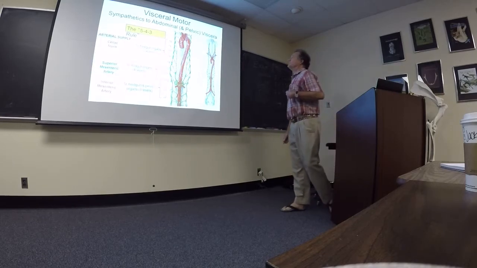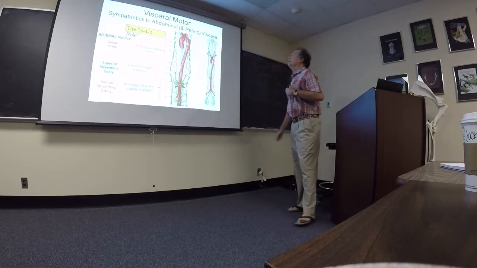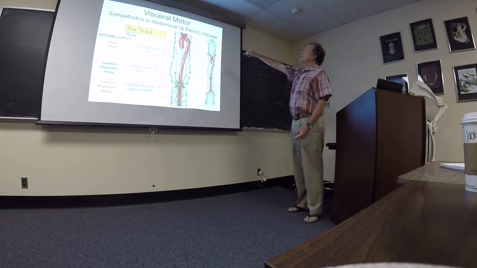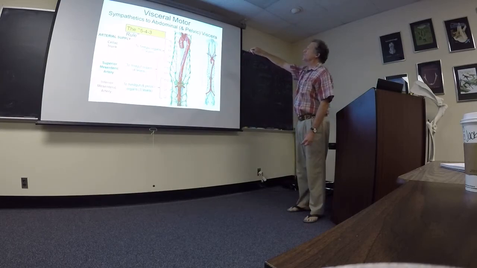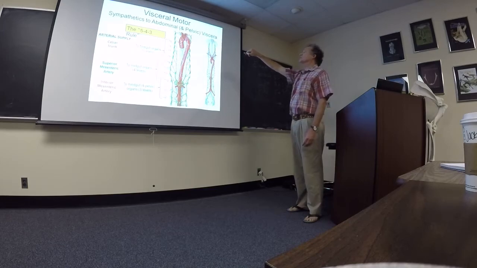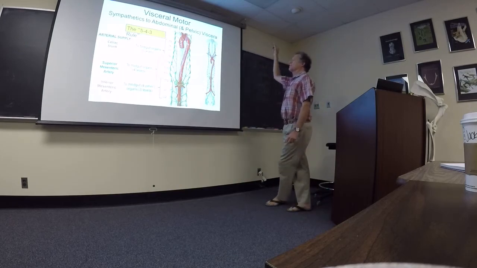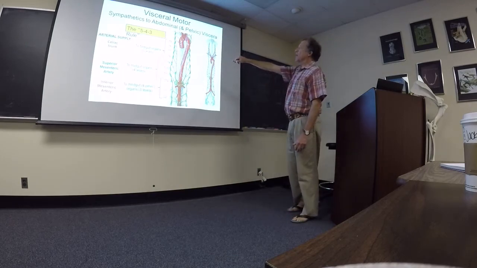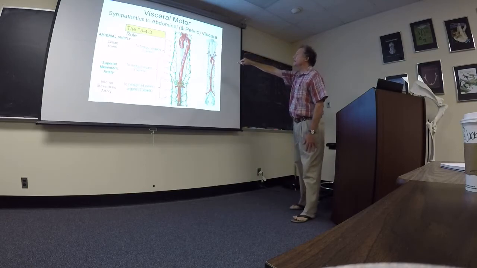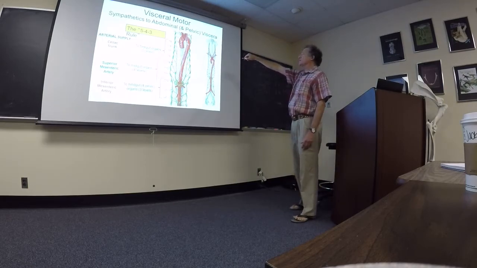Okay, so there is a rule, okay? The preganglionics going to the foregut organs, that is following the celiac trunk to get to the organs, come from 5 levels, T5, 6, 7, 8, and 9. The splanchnics going to midgut organs come from overlap here, T9, T10, T11, and T12.